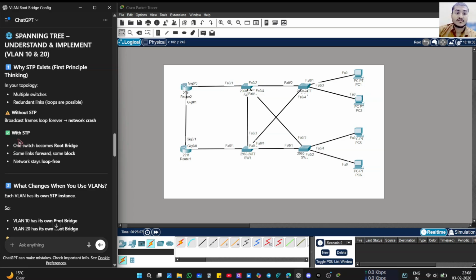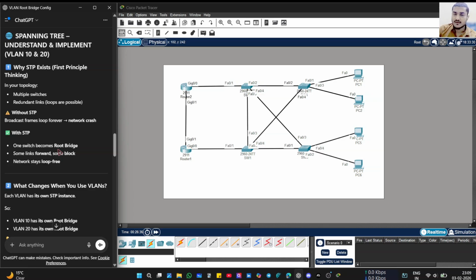With STP, one switch becomes the root bridge. One switch is elected by all the switches on the basis of the lowest bridge ID. In the bridge ID there are two identities: the priority number and the MAC address.